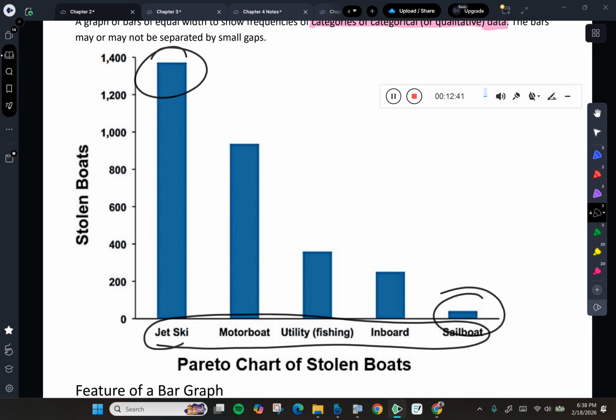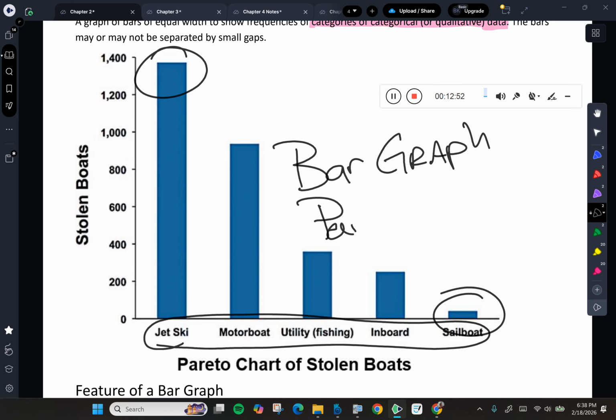So one could look at this graph and say, hey, that's a bar graph. And they would not be wrong. But another person could look at that and say, you know what? That's actually a Pareto chart. And they also wouldn't be wrong, because a Pareto chart is just a fancy bar graph where everything is listed from highest to lowest. Right?